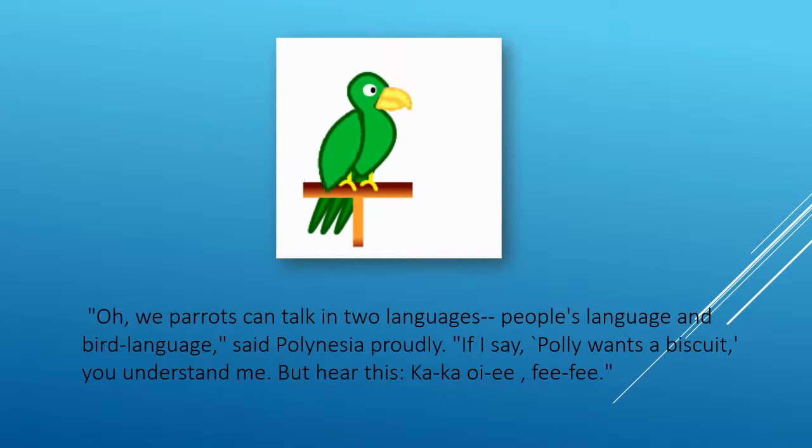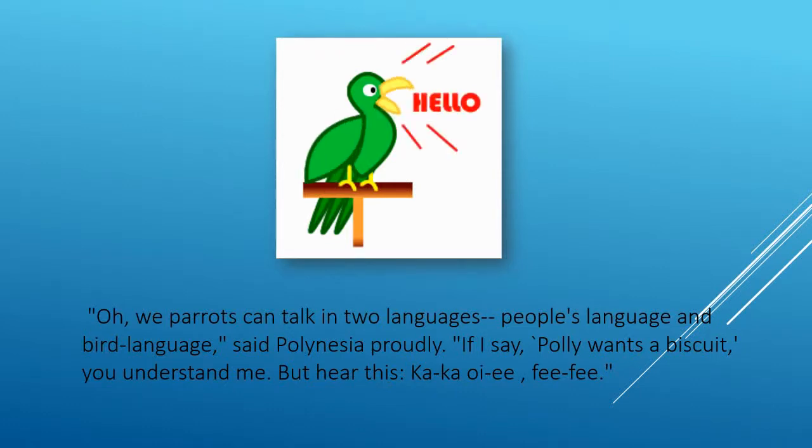Now, this parrot, Polynesia, is telling the doctor that we parrots can talk in two languages. That is people's language and birds' language. Now what is people's language, children? People's language is what we are speaking right now. So this is known as people's language.